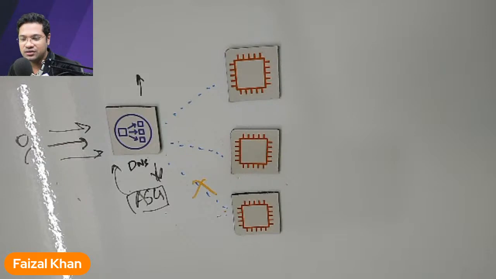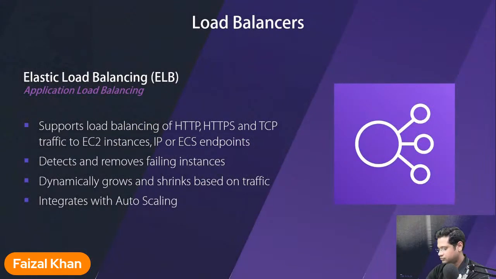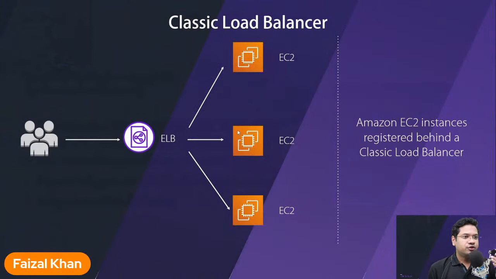We will see this in better action, but essentially you have different types of load balancers available, which will send traffic in different patterns, which we will see in a second. All right, so you have your classic load balancer, which essentially sends traffic to your EC2 instances.